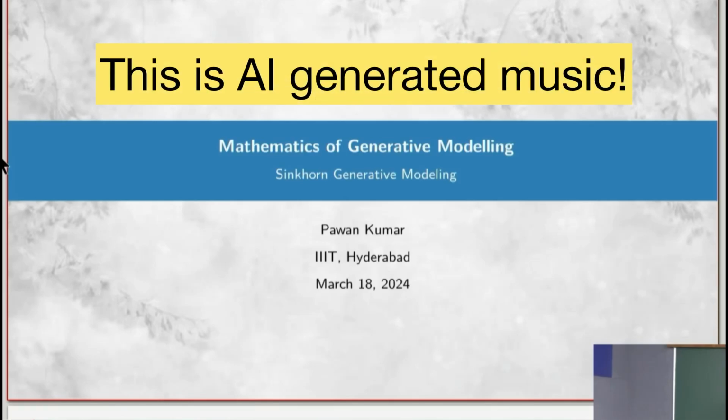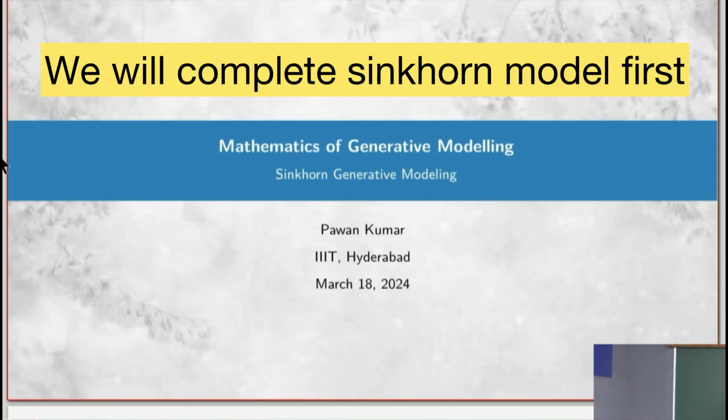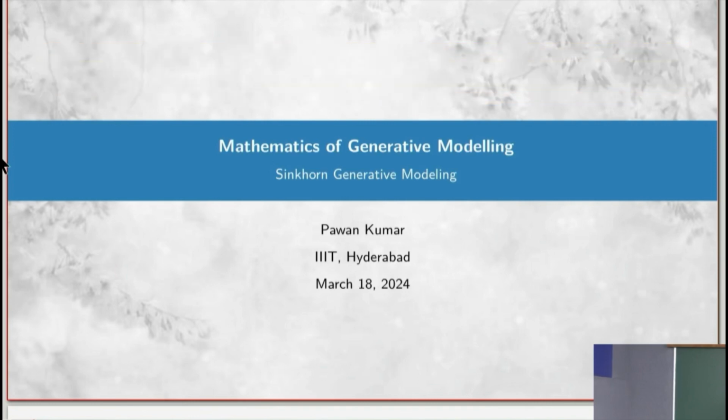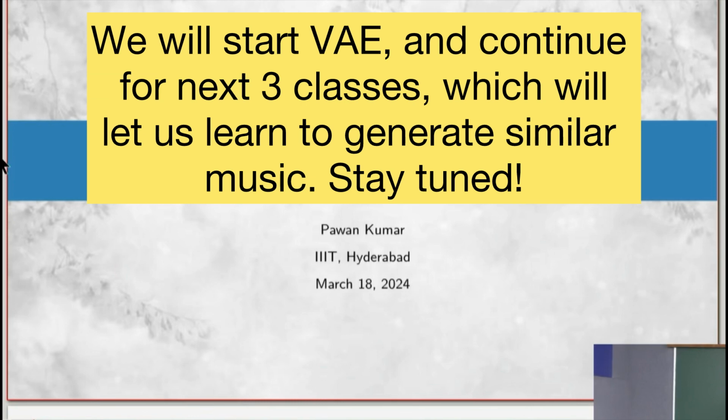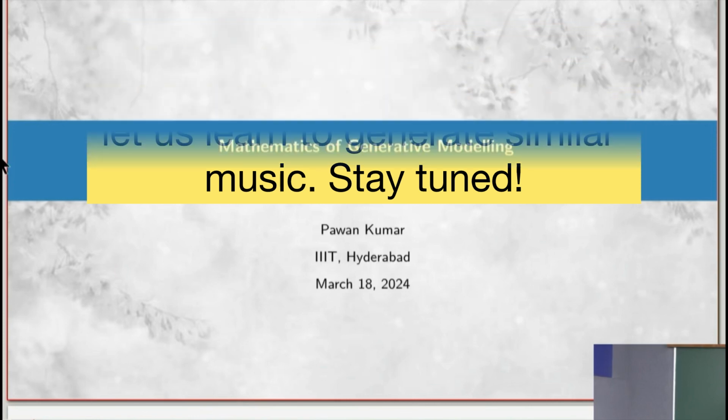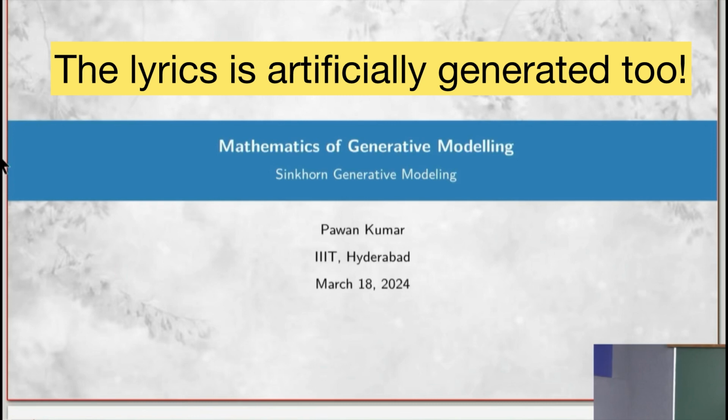When the world gets tough and darkness takes its toll, there's a shining light, a secret I must unfold. Variational autoencoders, they hold the key, unlocking infinite art and music.